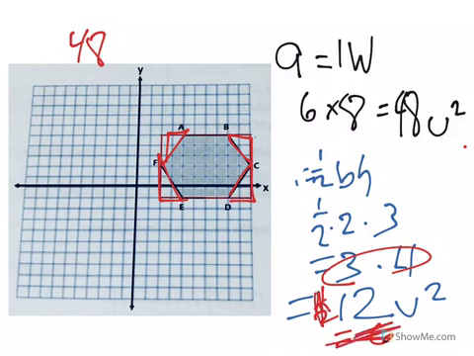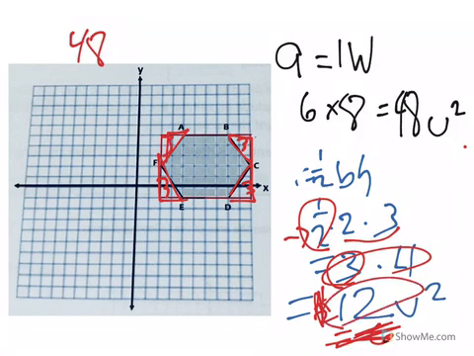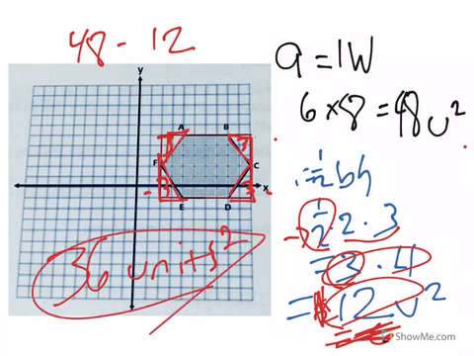So yes, we have 1/2 base times height. 2 times 3 is 6. 6 times 1/2 is 3. Now we're taking away 3 here, 3 here, 3 here, and 3 here. So that's 12 total that we're taking away, right? 3, 6, 9, 12. So if you subtract the 12 from the 48, we end up with 36 units squared.